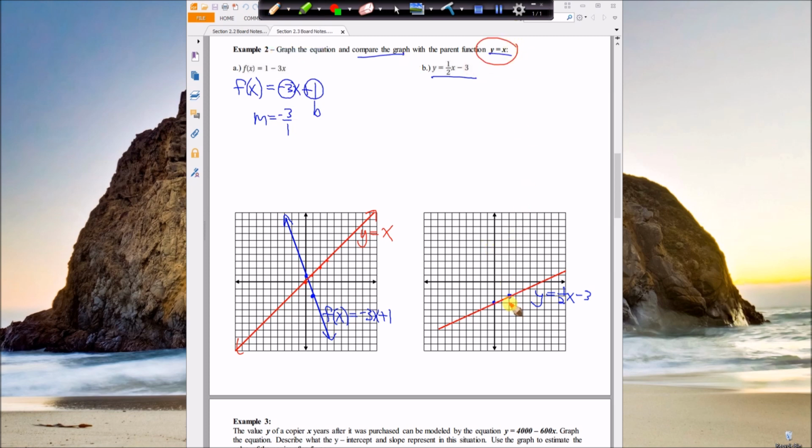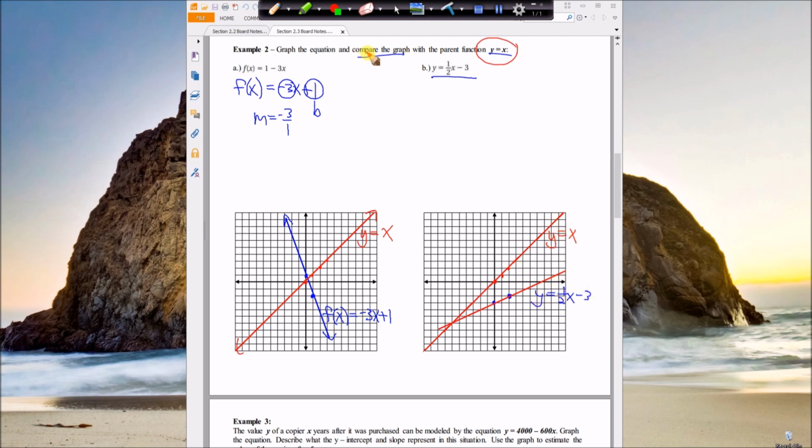Again, you should be very familiar with this line. It's always the same. Y-intercept 0, slope is 1, so you're hitting every point there, up 1 over 1, and make a line here. So basically from corner to corner. And so this is y equals x, the parent function, and this is the function we graphed.